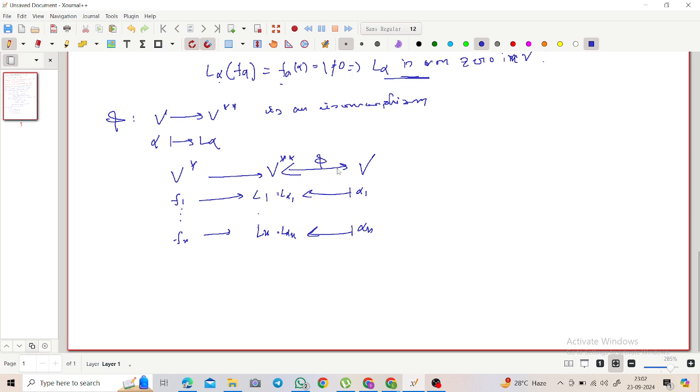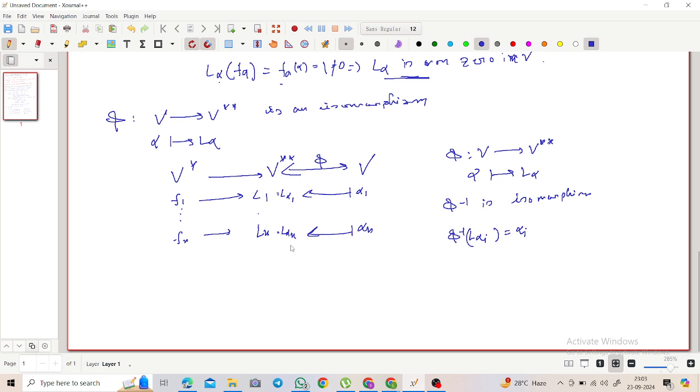Now they are saying that since phi from V to V star star is an isomorphism sending alpha to L alpha, phi inverse is also an isomorphism, right? So phi inverse of L alpha i is alpha i.